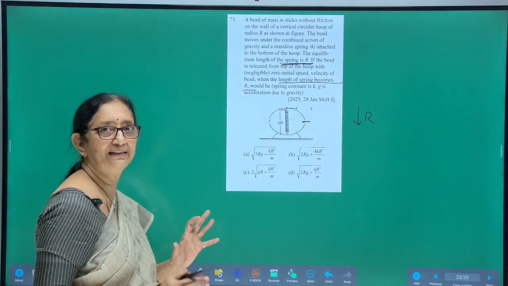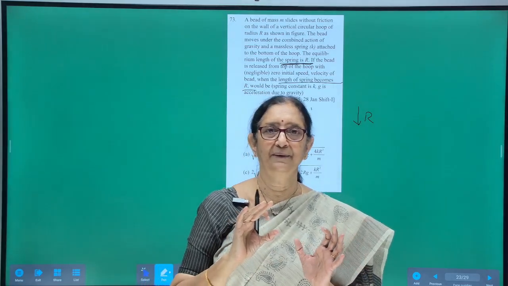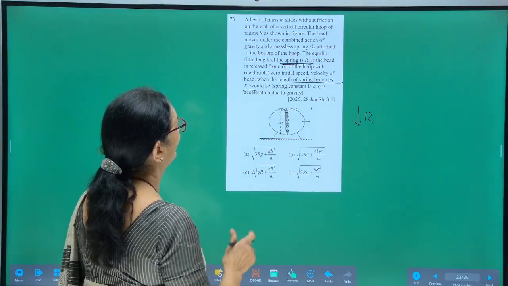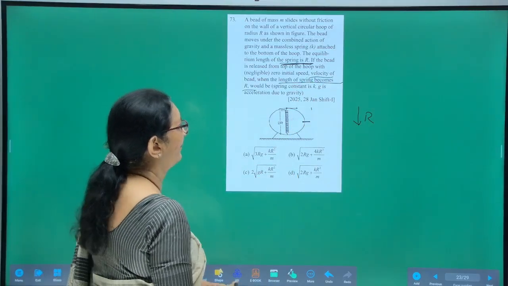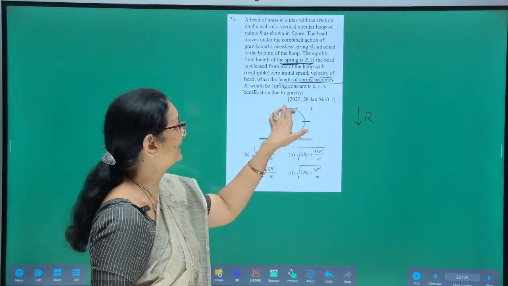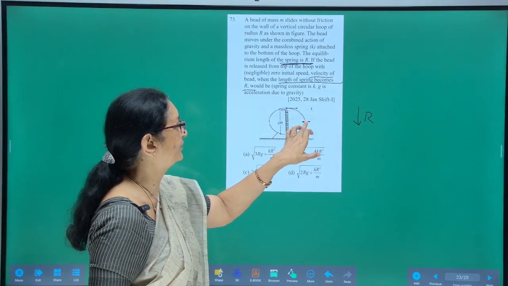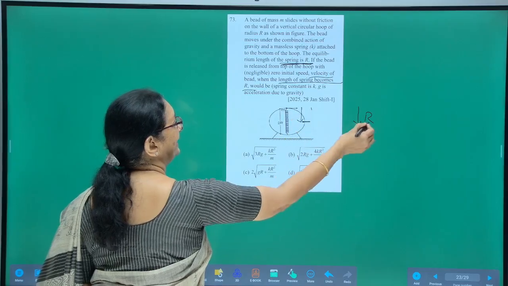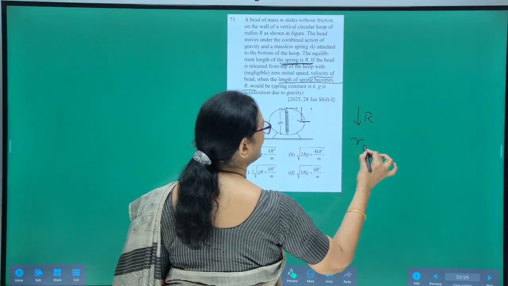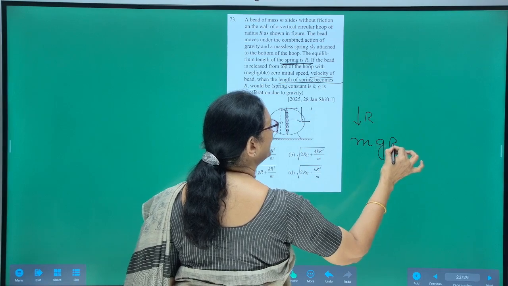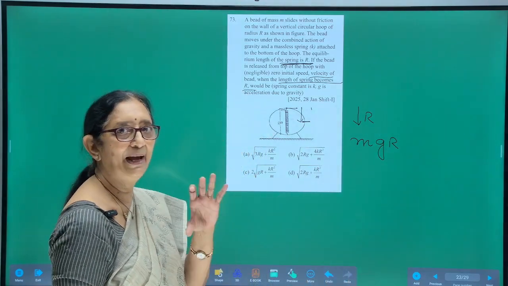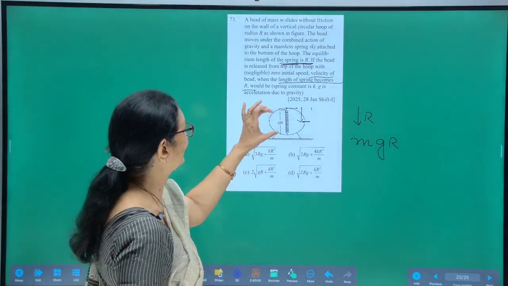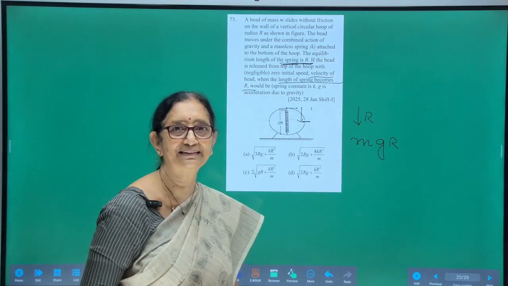So, here it has travelled a vertical distance of R. What are the energies being converted into the kinetic energy of the bead, because you are supposed to find the velocity. On releasing from the top, the vertical distance moved is R, so the lost potential energy is mgR. About the spring, natural length is R, but initially it is stretched so that its length is 2R.